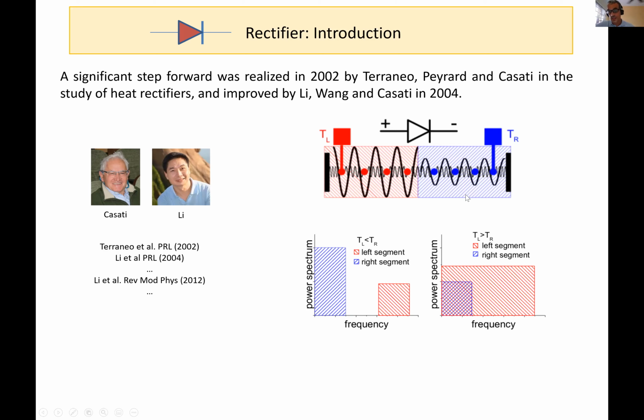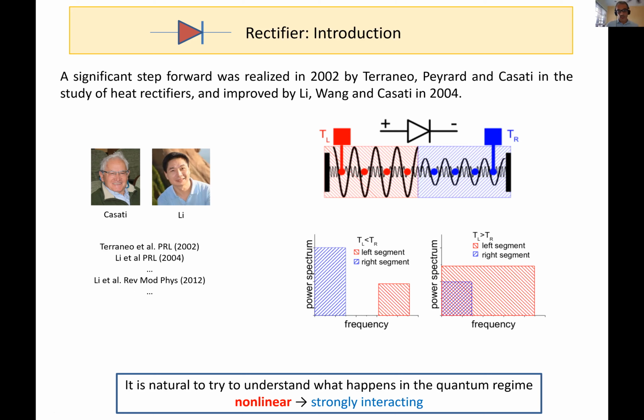When there is an overlap between the power spectra of the left-hand side and right-hand side, that's when you can have a very good current. And when there is no overlap, you will have very little current. This is what really helps to get very strong rectification. All of this discussion about rectification and phononics in general can be found in this review of 2012 by Li, Hänggi, Li, and others.